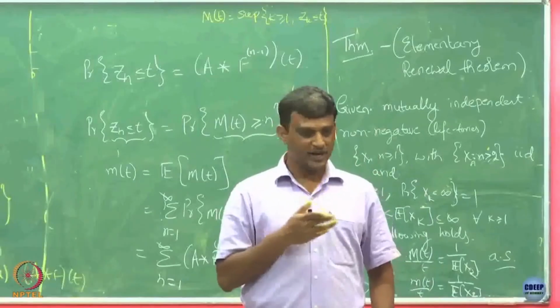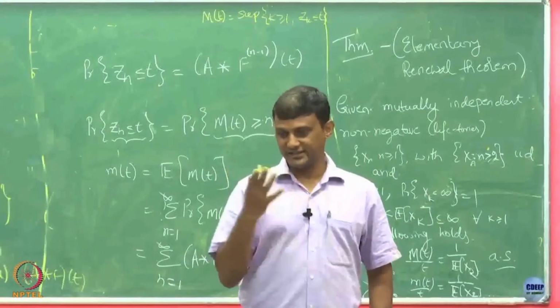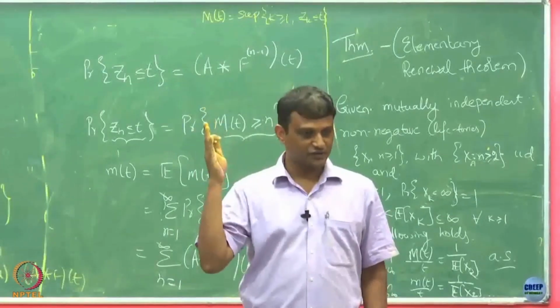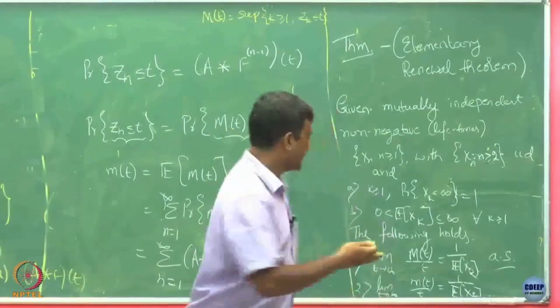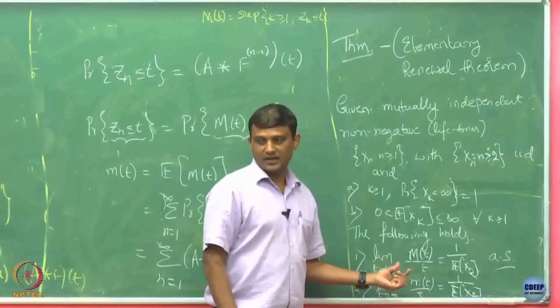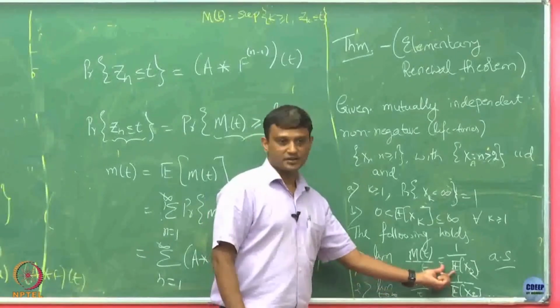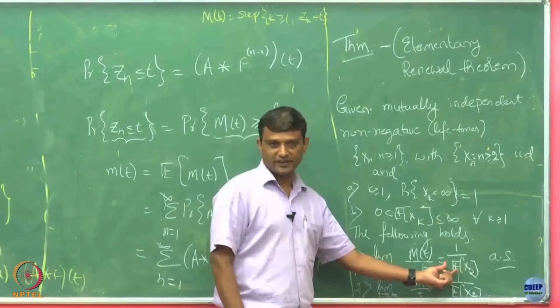Summation of xi by n went to the mean value, right? Is it necessary that the average of random quantities always converges to some random variable? It can converge to a constant, and that is exactly what is happening. So this is exactly saying that the average number of renewals is a constant, and that constant is given by 1 upon the expectation of x2.